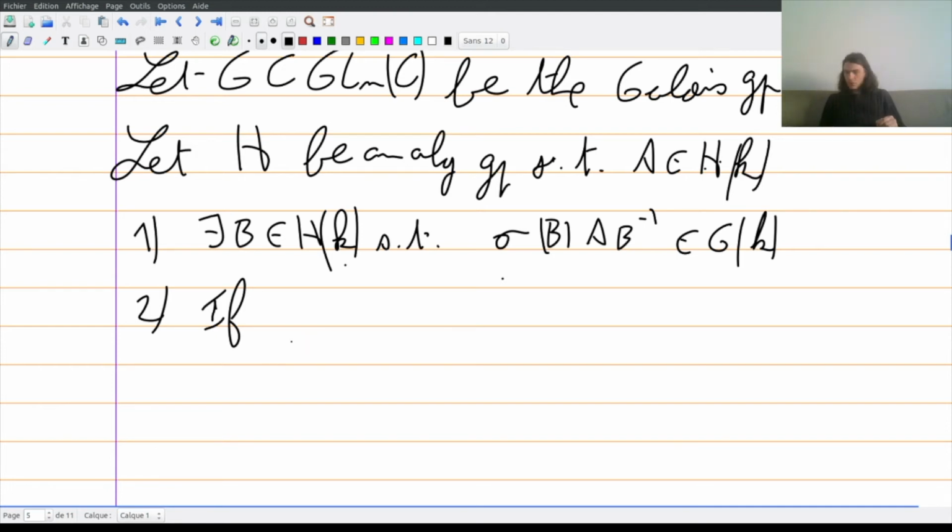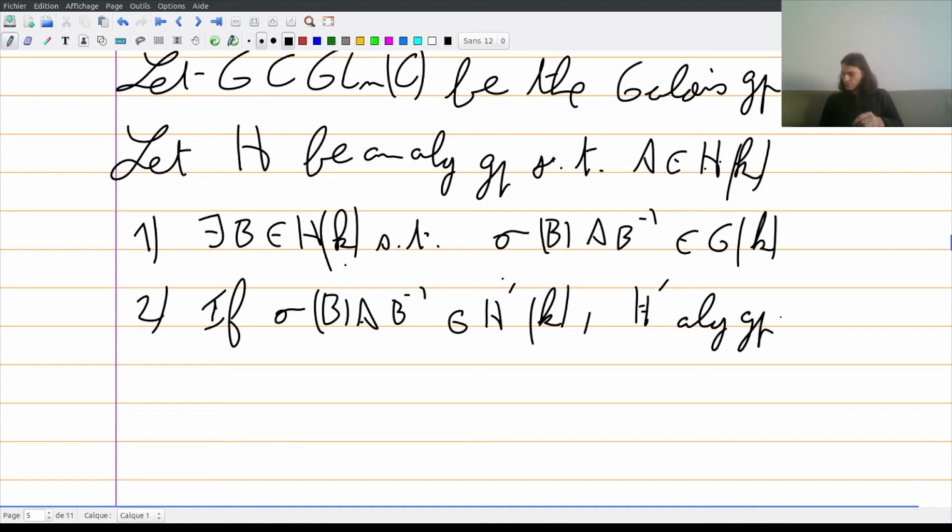And the second one is that if b A b minus 1 is an H prime point of K, where H prime is an algebraic group, then G is included in H prime.